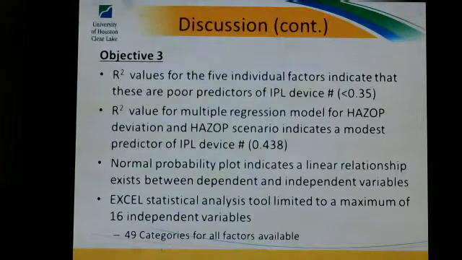The value there was 0.438, which is much better than the individual factor regression models. All the normal probability plots indicated a linear relationship existed between the dependent and independent variables, the dependent being the IPL number and the independent variables being the different factors that we looked at.